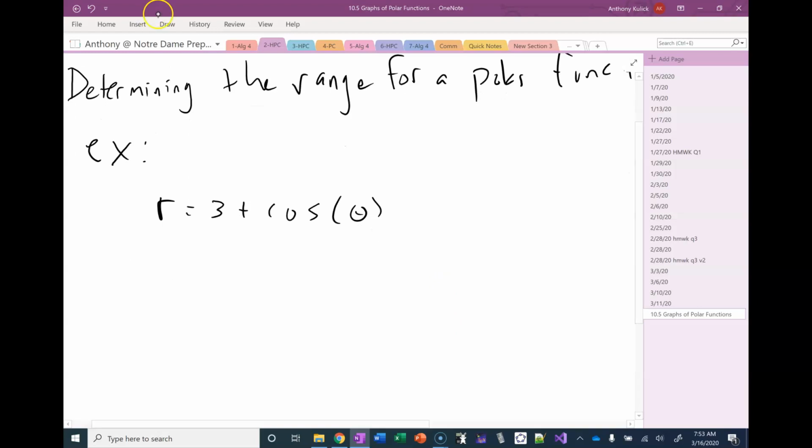Now, the key here is remembering from first semester that the range for cosine is just -1 to +1.